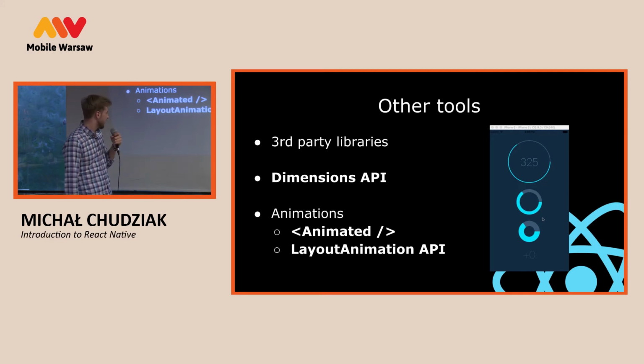We have the Dimensions API, which actually lets us take the height and width of your device and play around with some flex layouts. So you can create an app which will look very good on every screen, just like you can do it in the web. And yeah, also animations are handled pretty well in React Native.